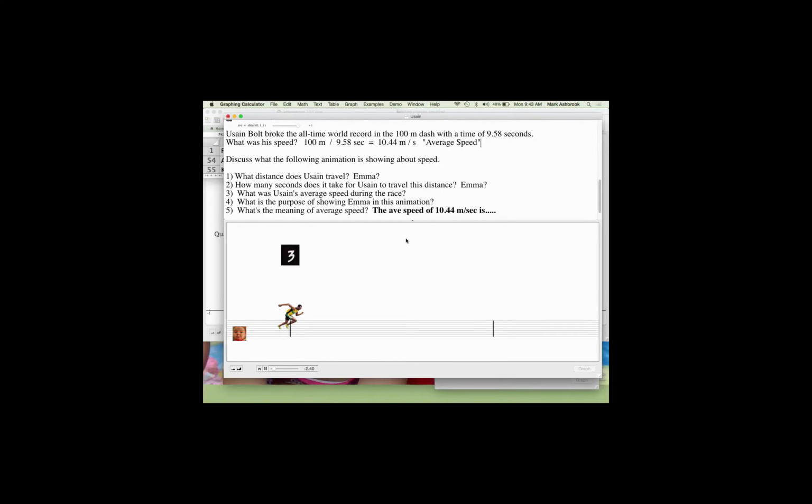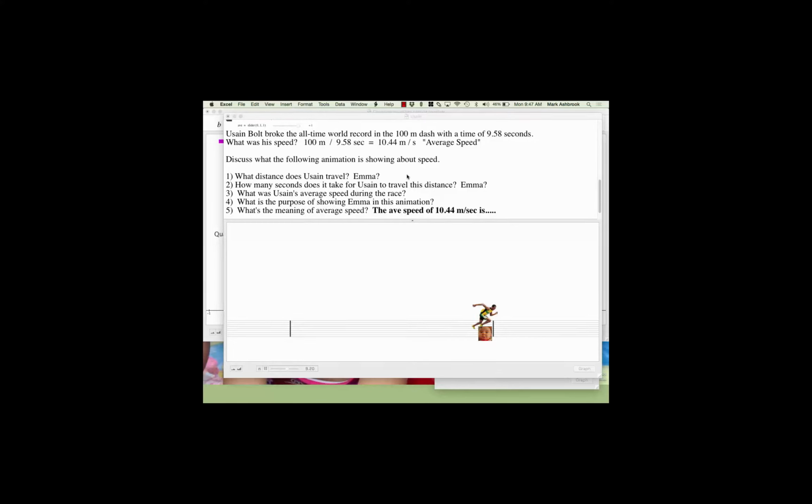So what did we say? We calculated his speed, we got this number, but then we said he didn't really run this speed. He ran slower at the beginning and faster at the end. So what does this number mean for Usain Bolt? That's where Emma comes in. She's trying to help us understand what 10.44 meters per second means for Usain. Okay, go.